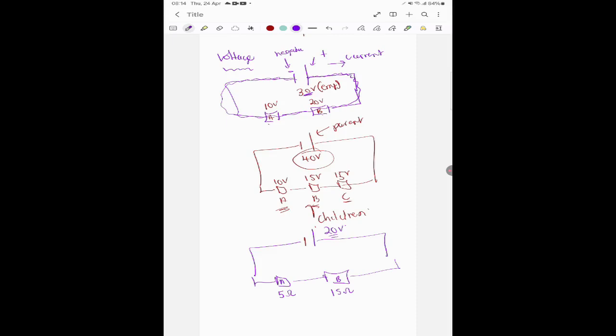Which child gets the most amount of voltage? The truth of the matter is that it's in proportion to the amount of resistance. So basically, more resistance results in more voltage.